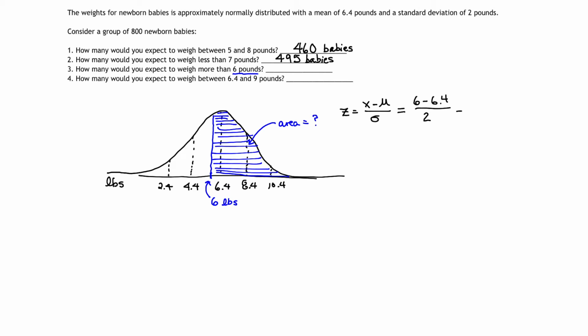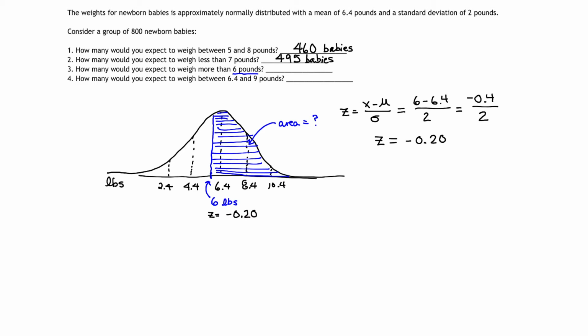So we have 6 minus 6.4, or negative 0.4, divided by 2. And negative 0.4 divided by 2 is actually negative 0.2, or negative 0.20. That's our z-score that corresponds to 6 pounds.